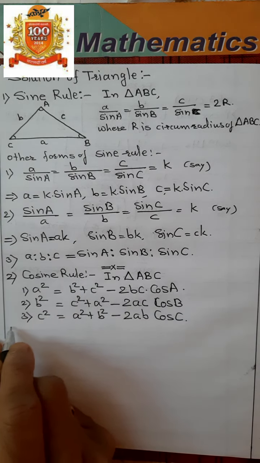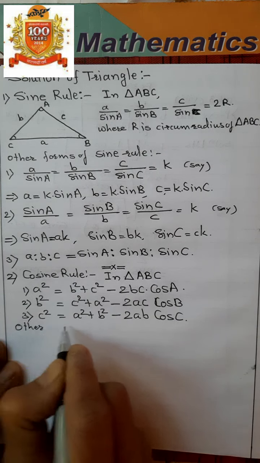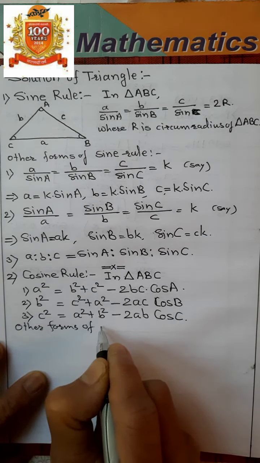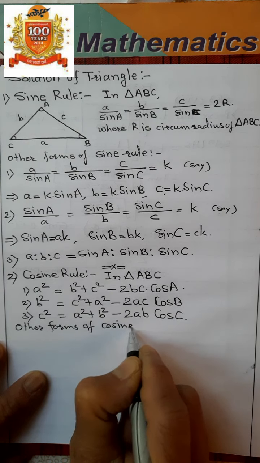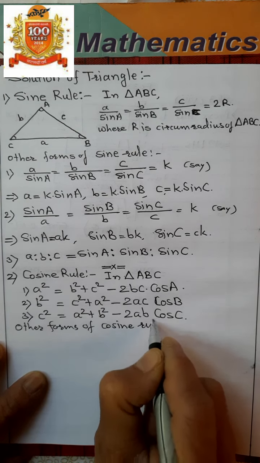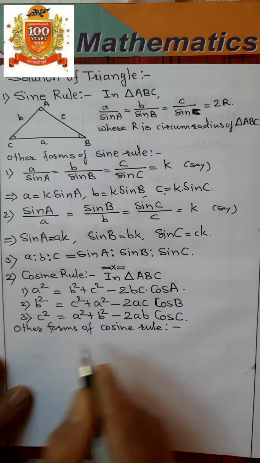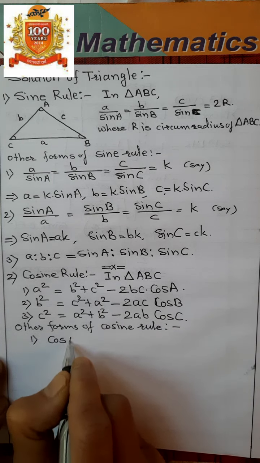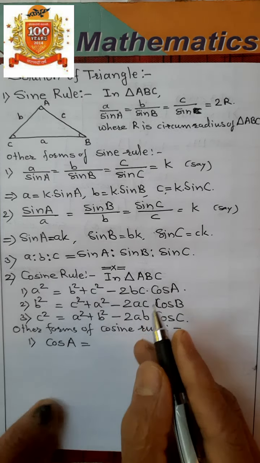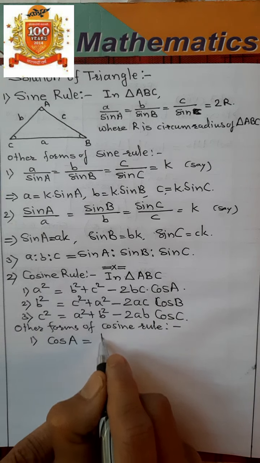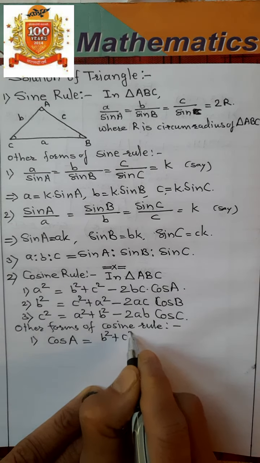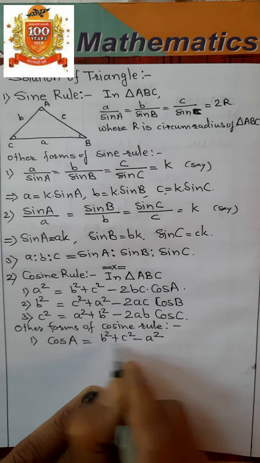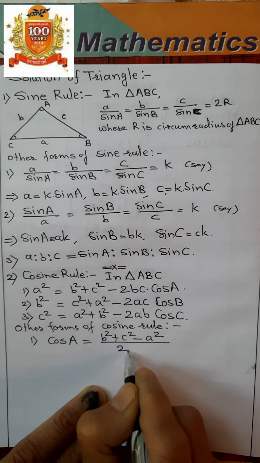Other forms of cosine rule. One, cos A is equal to, from this equation we can get, b square plus c square minus a square upon twice bc.